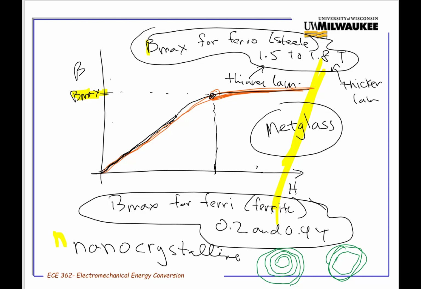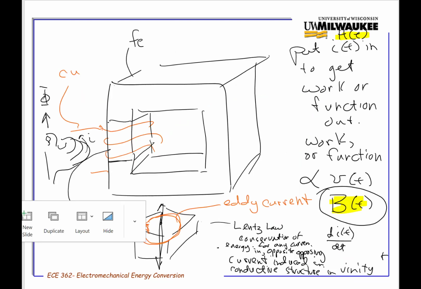Would you mind going back to slide 13, please? Sure. Okay. Thank you. We don't talk about Lenz's law in detail.